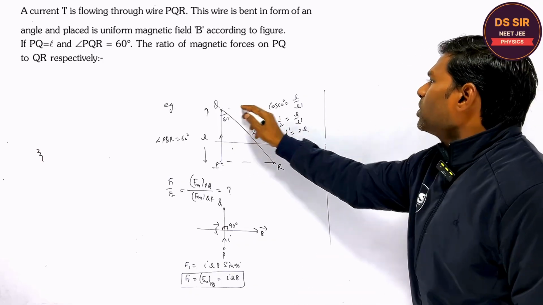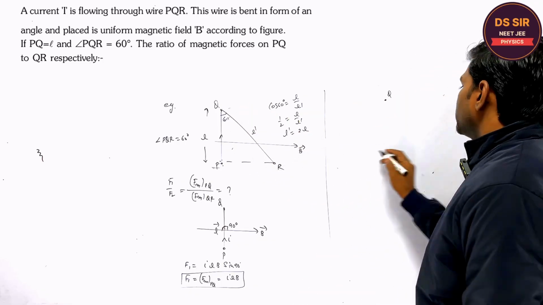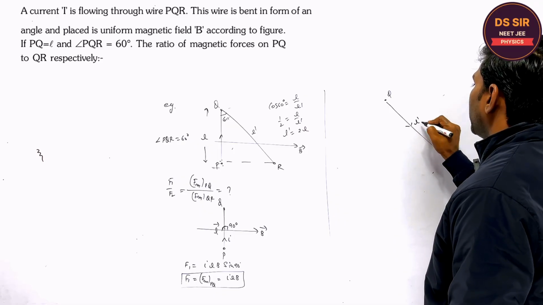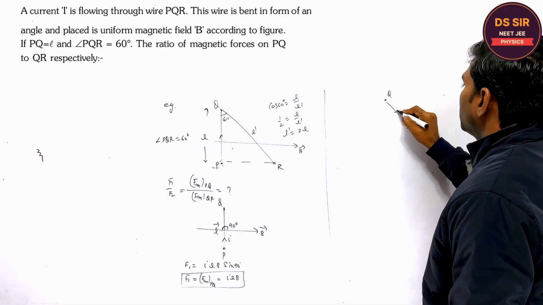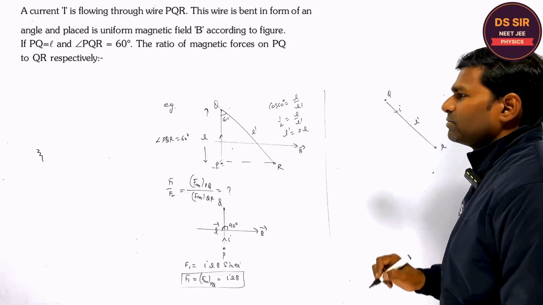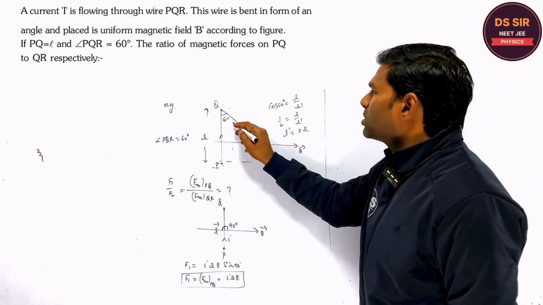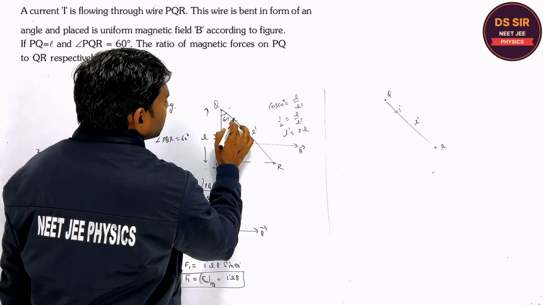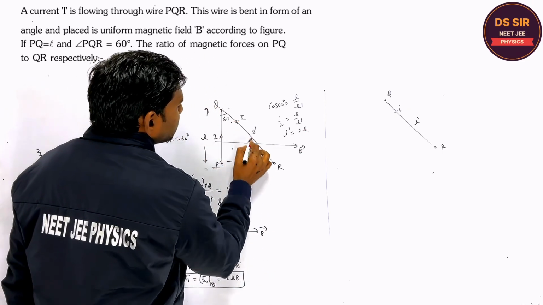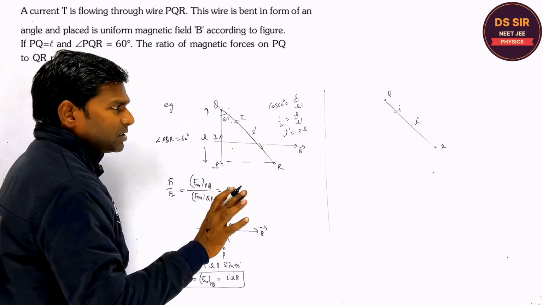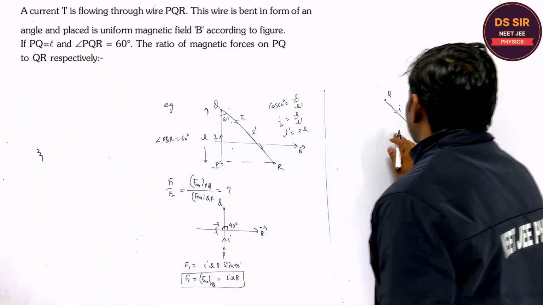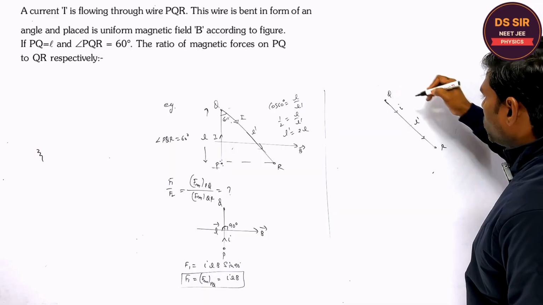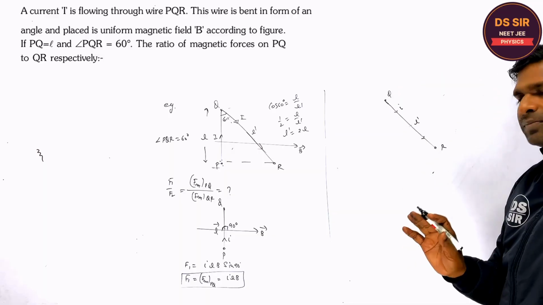Yes, sir. So if you consider this the Q and this is the R, this length is nothing but L dash. Fine. And the current I comes like this, then it goes this side, along this direction. Is it clear? So what is the current? Say current is I coming from Q reaching to R, right?